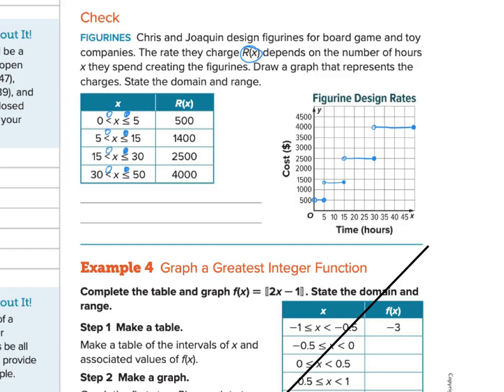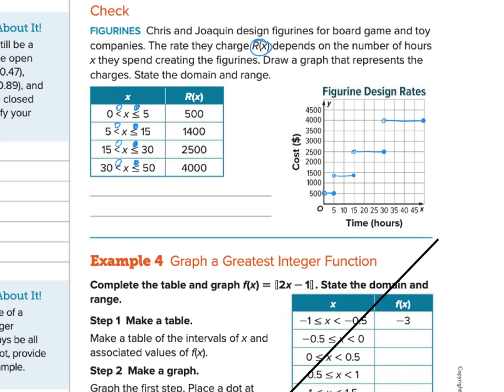As I graph that, I've graphed my points using my open and closed dots from the regions of X at the value of Y that they have asked. Looking at this, I can see that my domain goes from all values of X such that X is greater than 0 but less than or equal to 50.